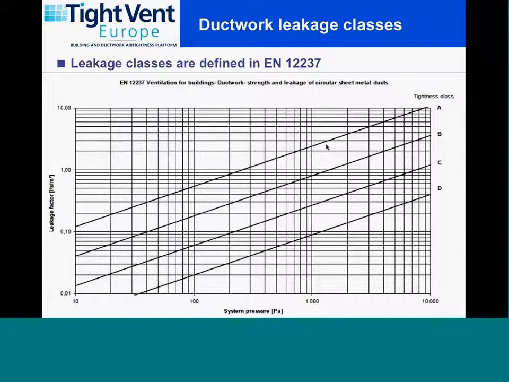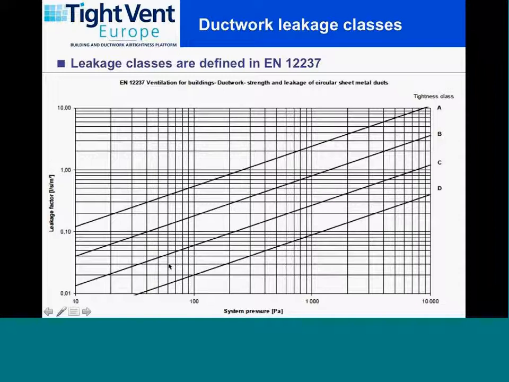The European standard is 12237, and there are leakage classes called leakage class A, B, C, and D. It might be a little bit confusing because leakage class D is actually tighter than class C, which is tighter than class B, which is tighter than class A. Basically, the systems are classified according to their leakage rate, in liters per second per square meter of duct surface area, and for a given pressure.